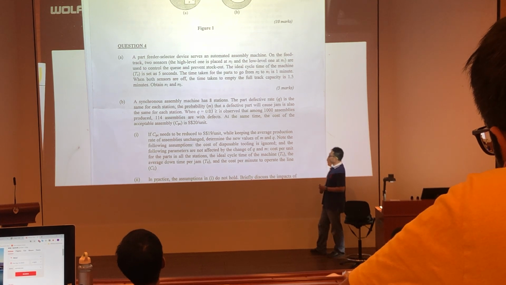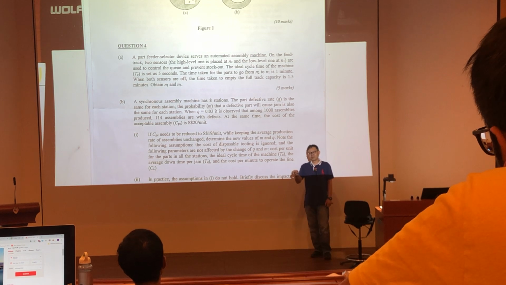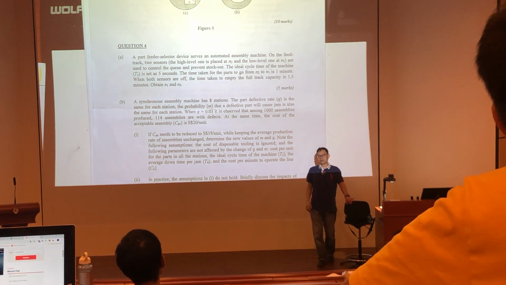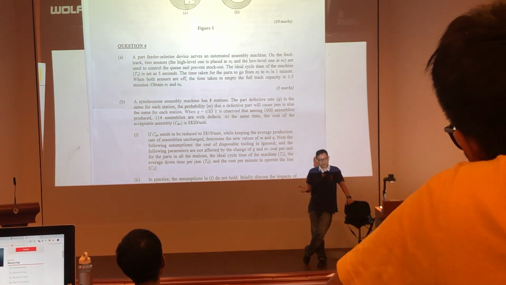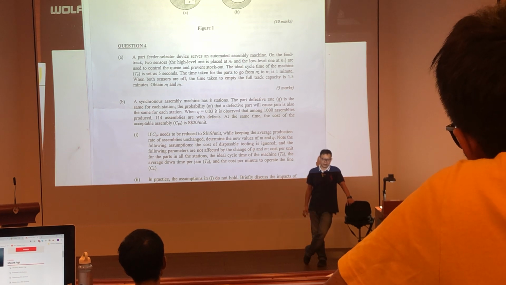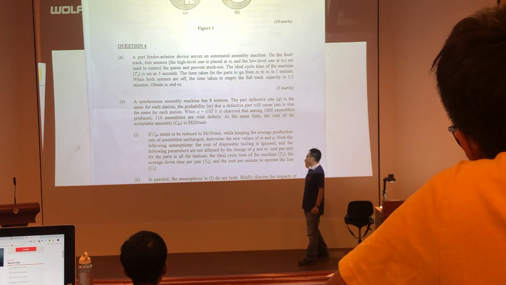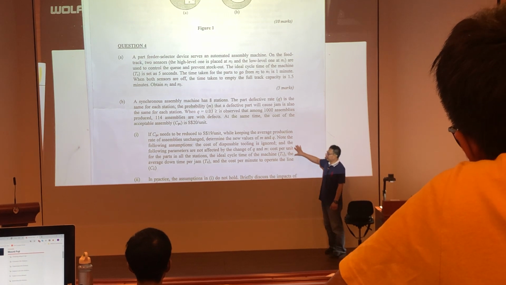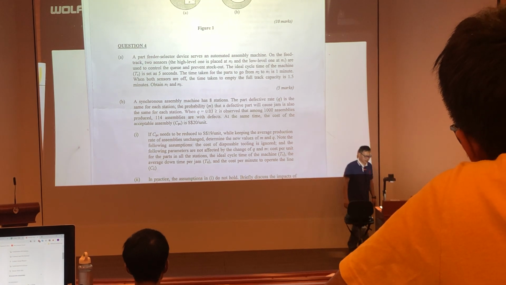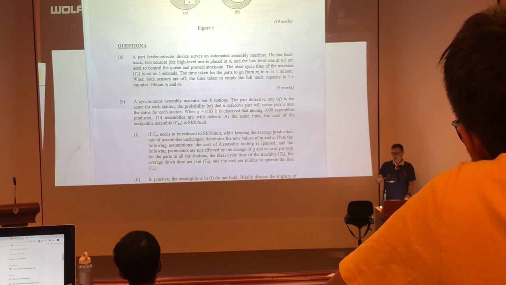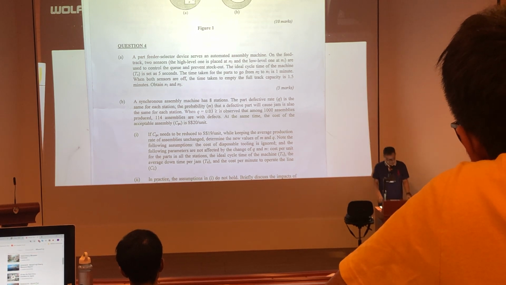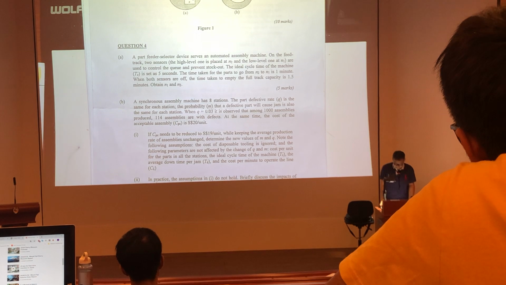Cost per minute to operate the line: if you change M, which means the control measures, you actually have to make changes, and that also affects this. So these will definitely affect finally the cost. So you just need to discuss these few items. That would do. Okay.